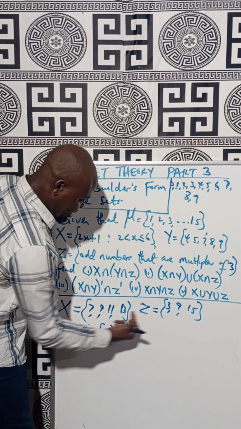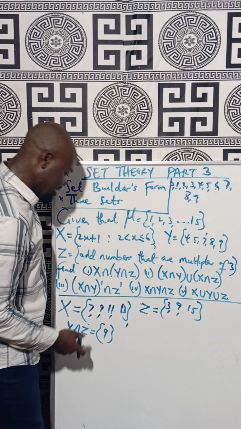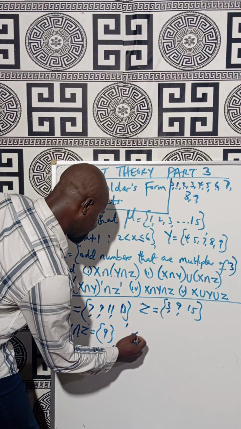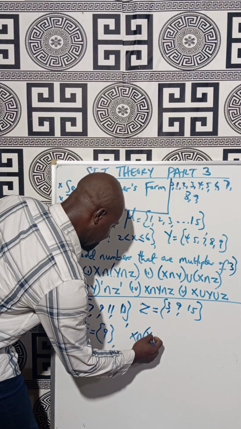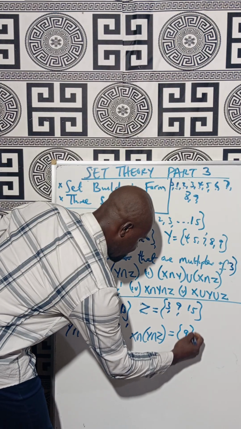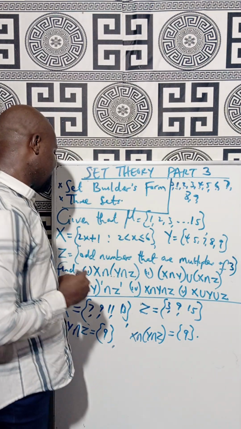So what's the intersection here? That's 9 and 9. 9. So our answer is 9. That means our X intersection Y intersection Z is equal to the set containing 9. As simple as A, B, C. You can see, very easy.